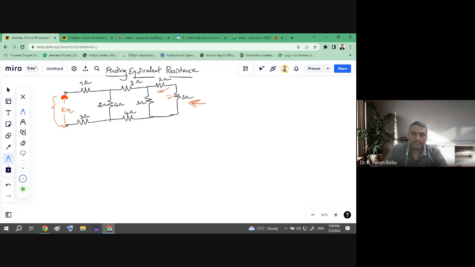How can we say that these two are connected in series? Suppose this is the current entering this 2 ohm resistor and directly it is leaving and entering the 3 ohm resistor. There is no diversion or any sort of connection here. So the output current of this 2 ohm is the input of this 3 ohm, hence these two are connected in series.